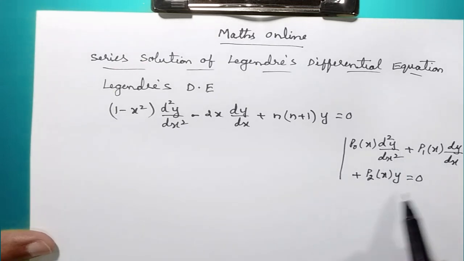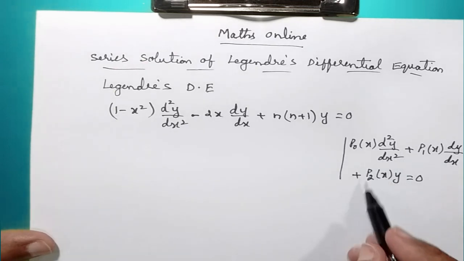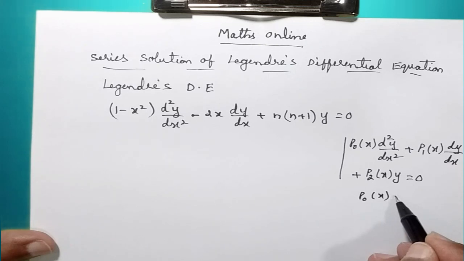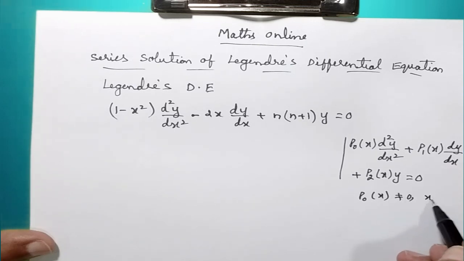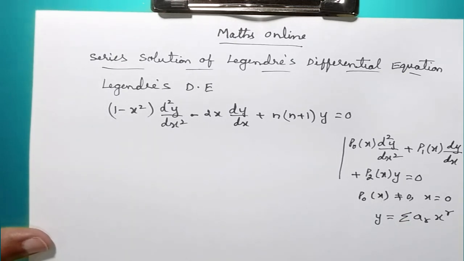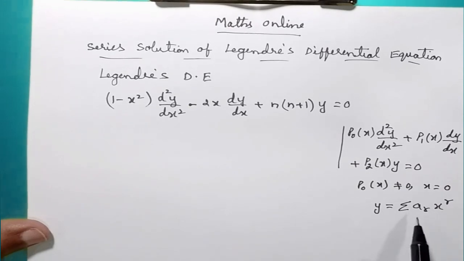We have seen that if the value of p naught of x is not equals to 0 when x is equals to 0, then we can assume the solution to be y is equals to summation of ar x power of r. I had shown this result while dealing with the power series solution.